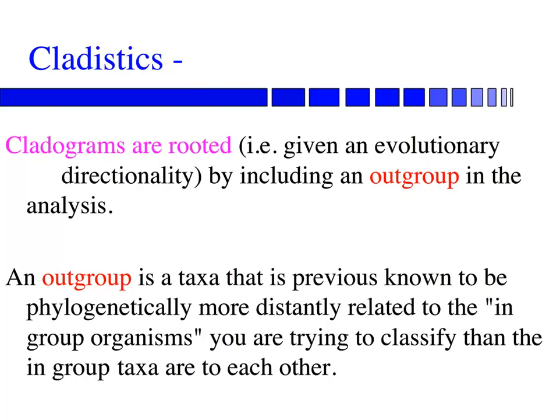Now, the thing to remember is that cladograms are rooted, and so basically you include what's known as an outgroup, okay? So the whole idea is the outgroup is that crazy uncle that no one wants to claim, or that crazy cousin that no one wants to claim in their family. And so you know that it's related to this group, but it's more distantly related than who you're classifying. And the whole purpose of using an outgroup is that it kind of gives your traits polarity.